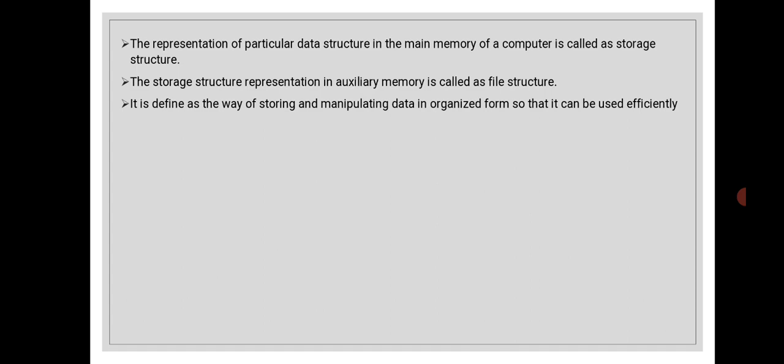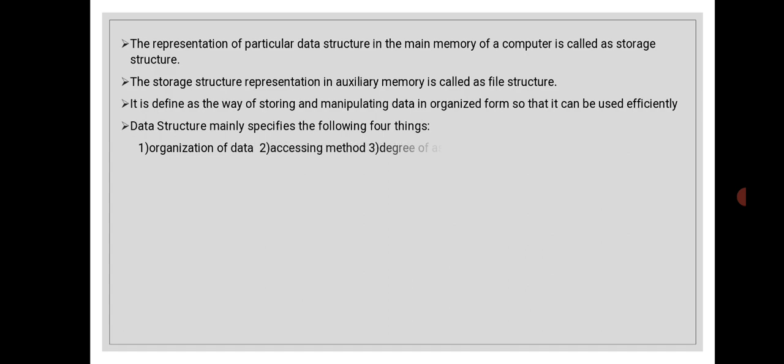A DS mainly specifies the following four things: one, organization of data; two, accessing method; three, degree of associativity; and four, processing alternatives for information. Algorithm plus data structure equals program.